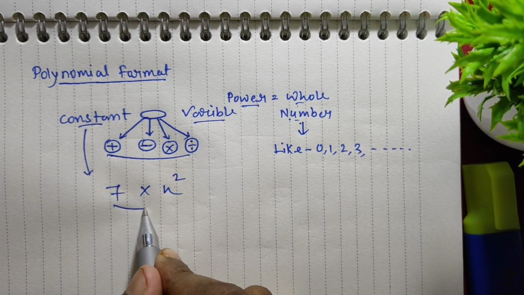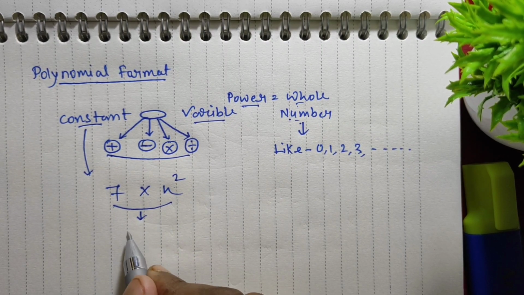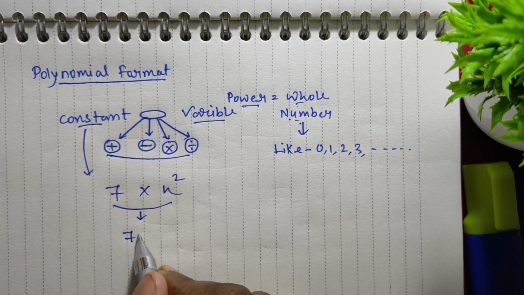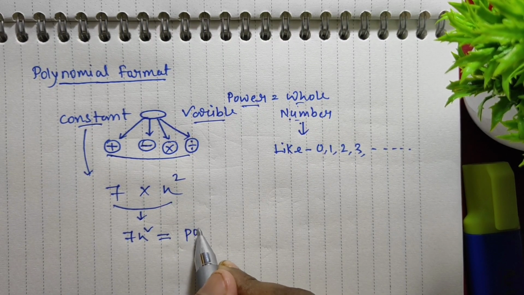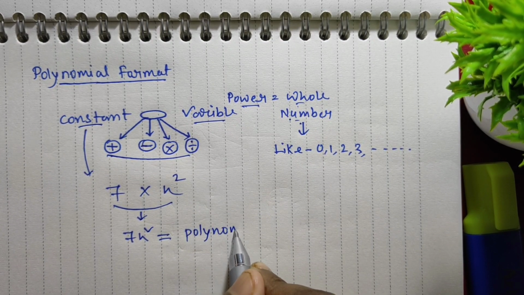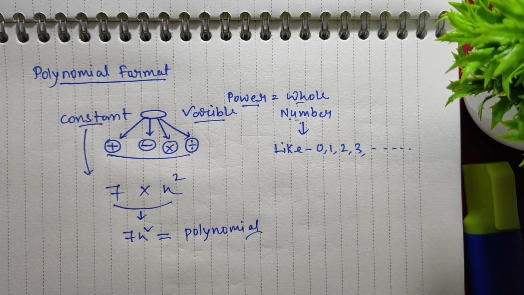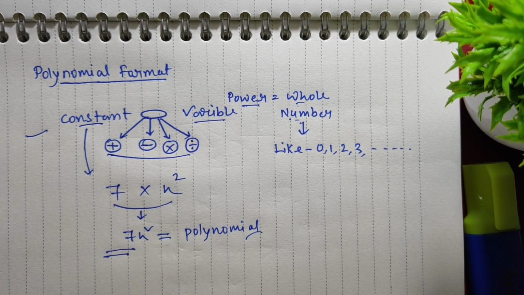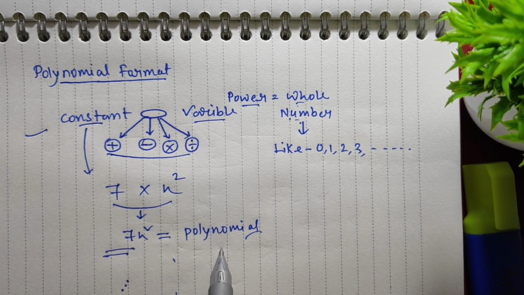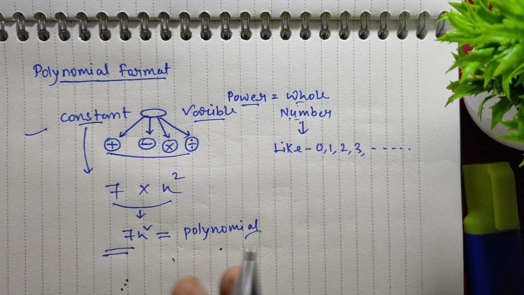If we solve this, it will be 7 into x square, which is 7x square, which is a polynomial. It means if we can represent any expression in this format, then that format will be called a polynomial in math. I think this is clear.